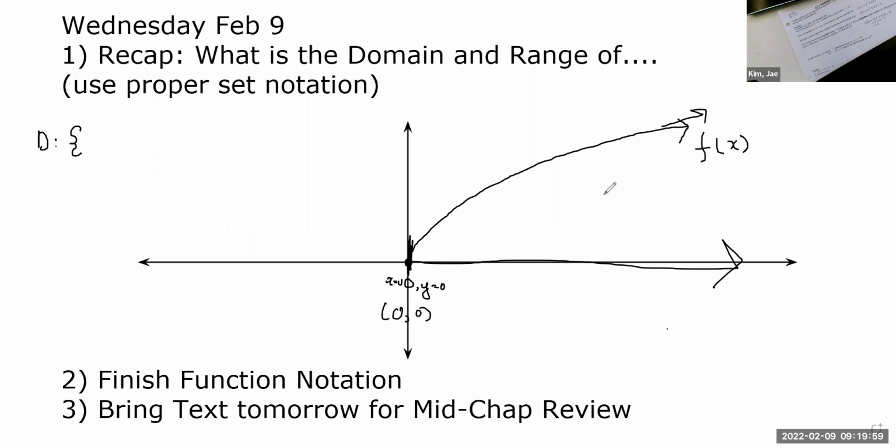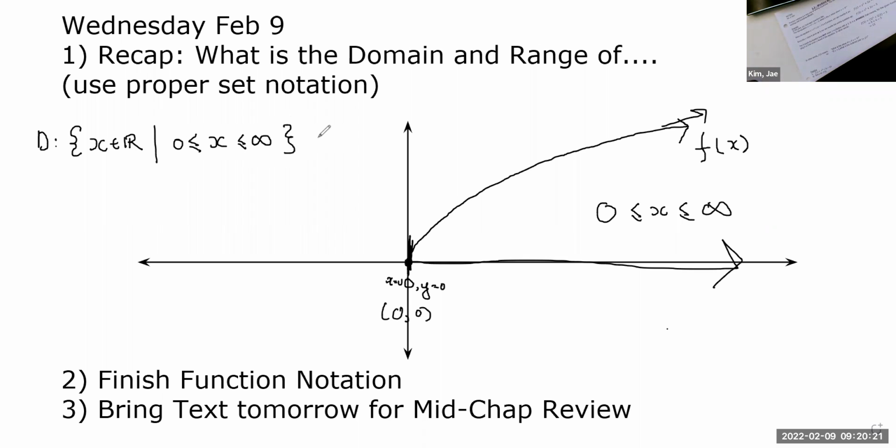So you can say x is from 0 and it goes to infinity. Okay. You can do that. So you can say x could be any number such that x has to be between 0 and infinity, but we don't really write infinity as a domain. We really don't write that.